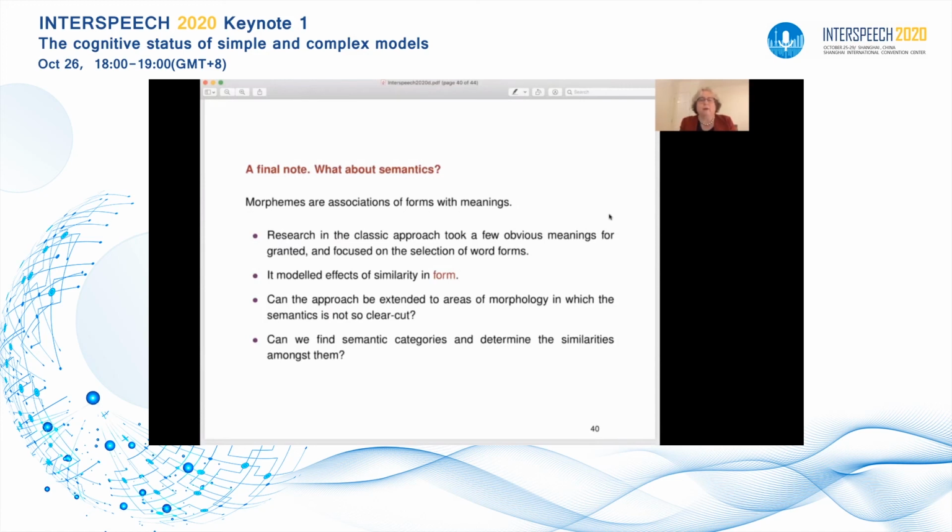And that means that the domain of similarity that was considered was similarity in form. So can this approach be extended to areas of morphology in which the semantics is not so clear-cut? Can we find semantic categories and determine similarities amongst them? And does that help us predict what words people are going to make?